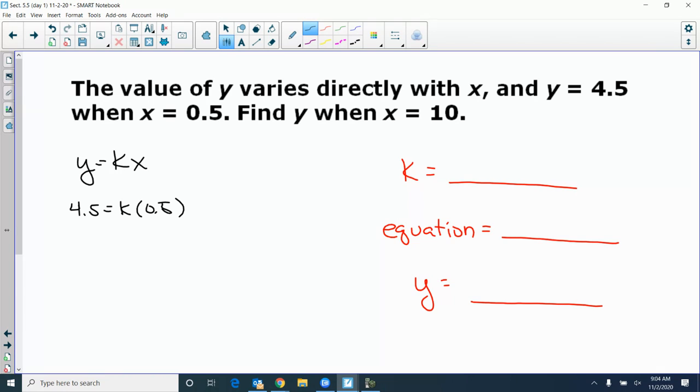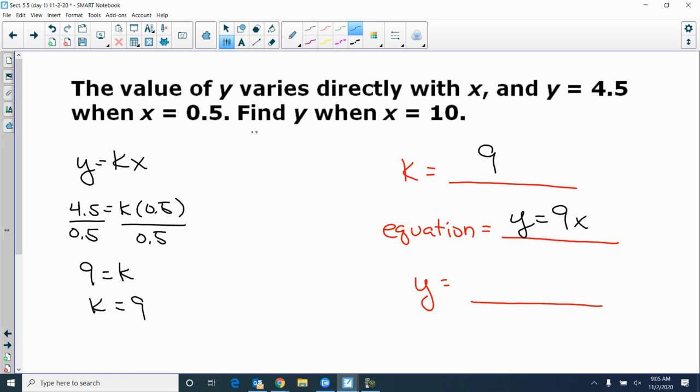It's probably not as easy to figure out because we're dealing with decimals, but they end up working out to be nice numbers. So if I divide by 0.5, you get 9 equals k, or k equals 9. So that's the first thing, k equals 9. Your equation needs to be using y equals kx with the new k value in it. So write it as y equals 9x.